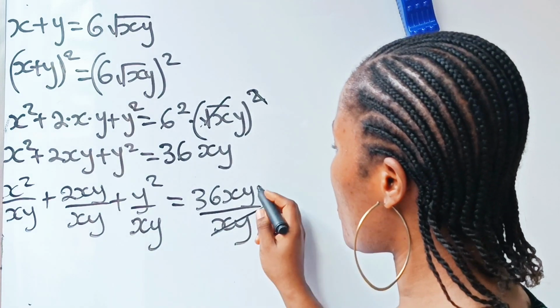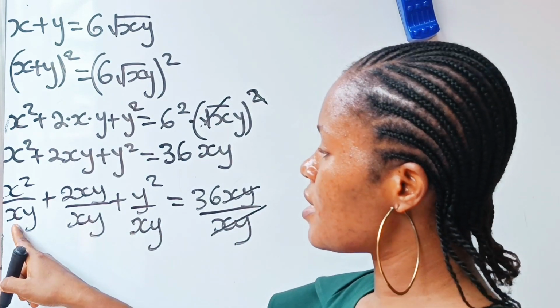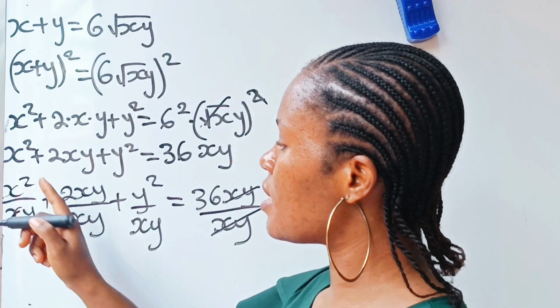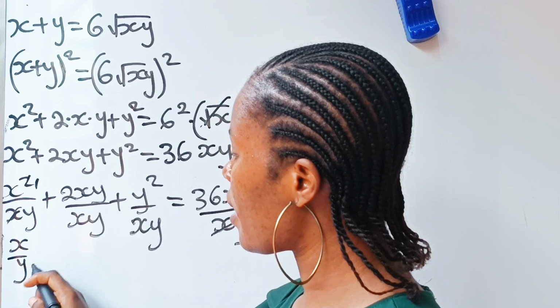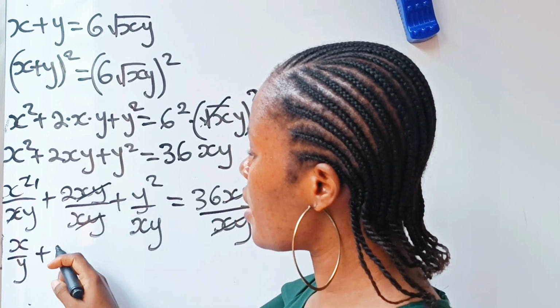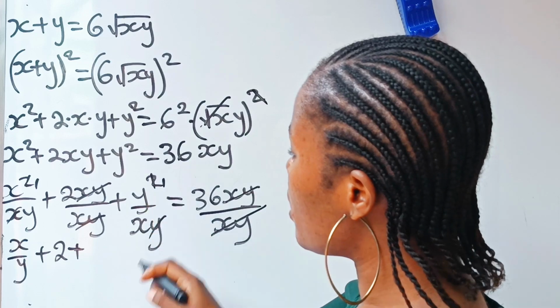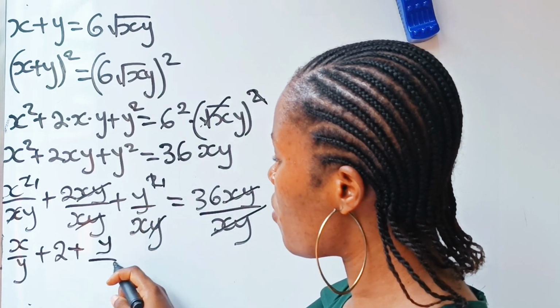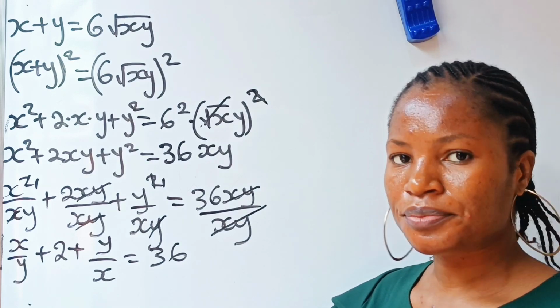Now we cancel xy here. For this side, we cancel one x, so we are left with just y. We have x over y plus, we cancel xy, we have 2, plus here we cancel y, so we are left with 1. So we have y over x is equal to 36.